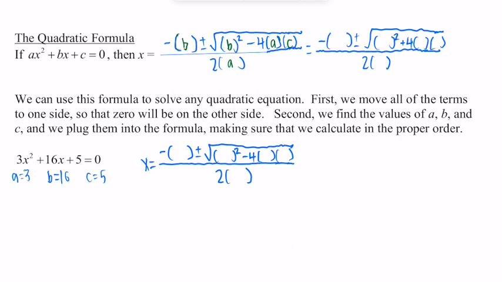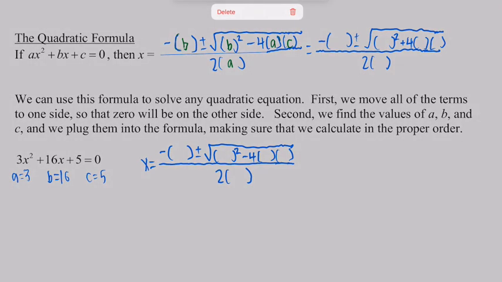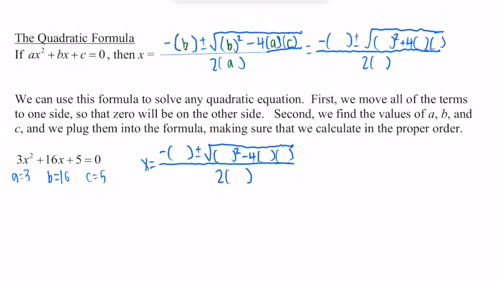In this case, b for this equation is 16. So we'll put a 16 in those first two spots. A for this equation is 3. So we'll put a 3 in those two spots. C for this equation is 5. Every problem with the quadratic formula starts out the same. It's just fill in the numbers in the correct spot.